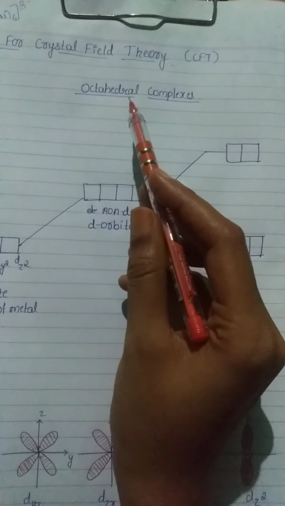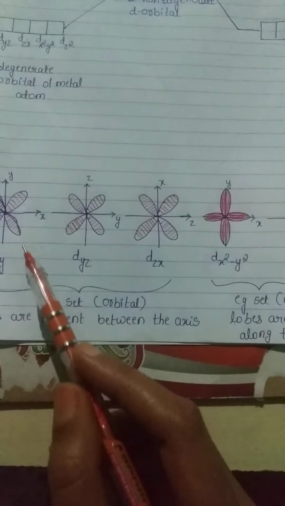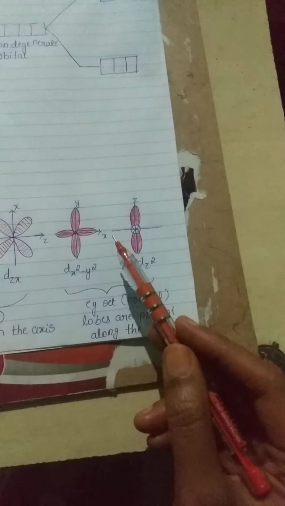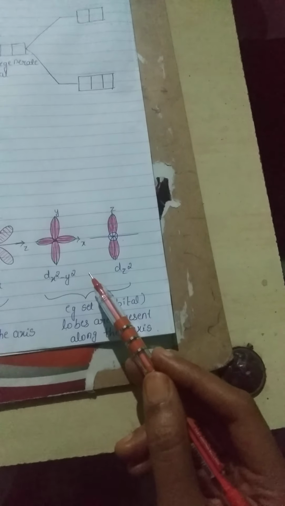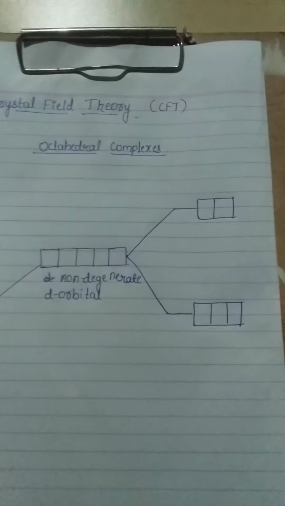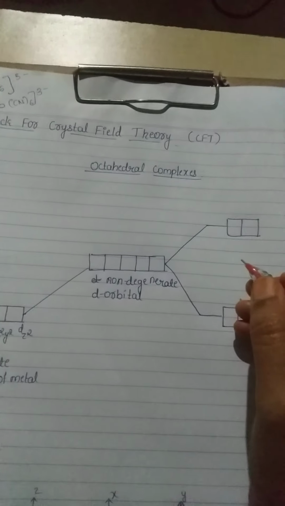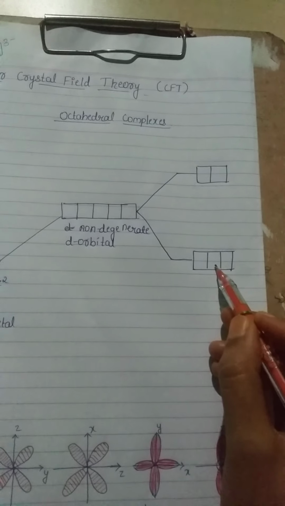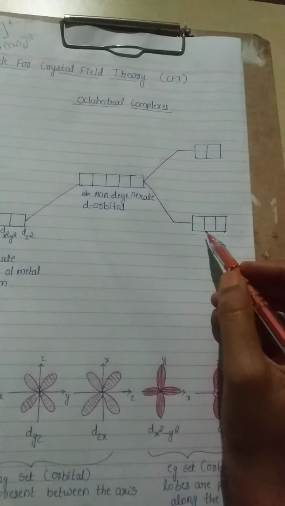In the case of octahedral complexes, ligands approach along the axis, so the energy of the 2 EG orbital lobes is raised. Here, students, the T2G lobes have less energy, so there will be less repulsive force.